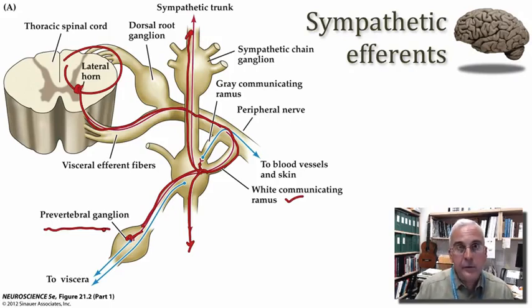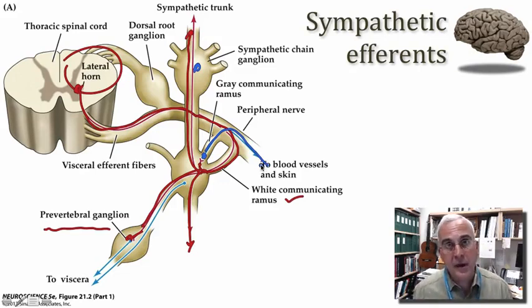Okay, so these preganglionic axons then interact with a postganglionic neuron, or a ganglionic neuron, that we find here in one of these collections of cell bodies. And these ganglionic neurons then give rise to an axon that leaves the sympathetic trunk, joins up again with the spinal nerve, and then goes out to supply some visceral target.